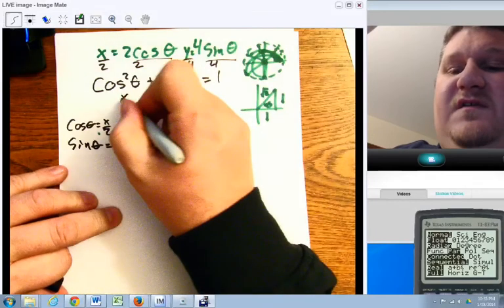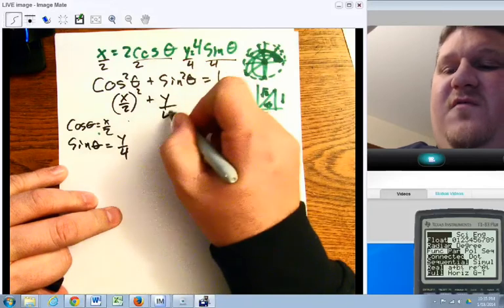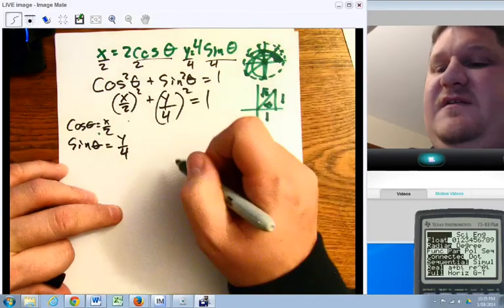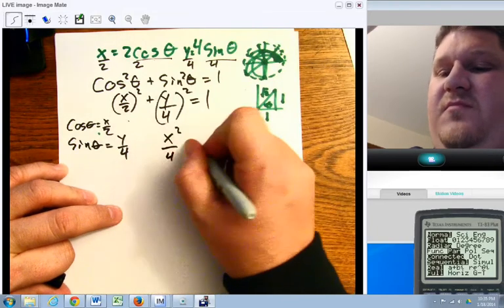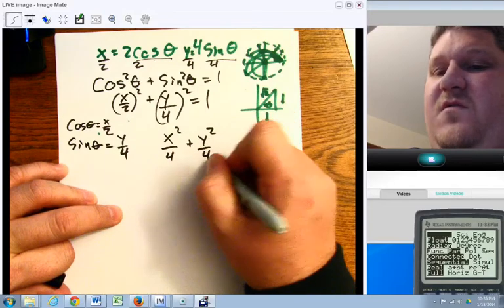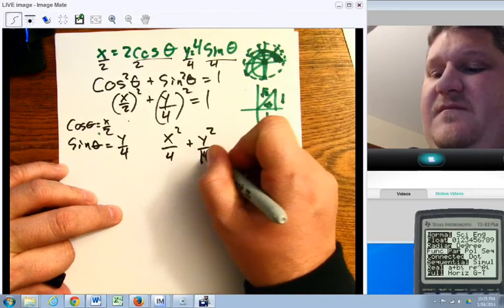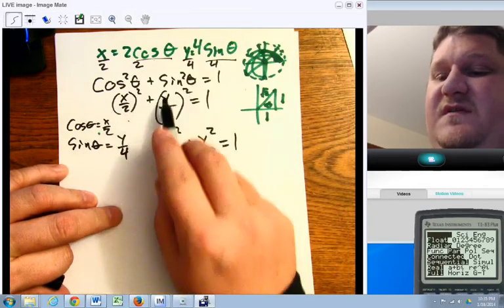So x over 2, the quantity squared, plus y over 4, the quantity squared, equals 1. That brings us to a simplification of x squared over 4 plus y squared over 16 equals 1, because you square the top, square the bottom, square the top, square the bottom.